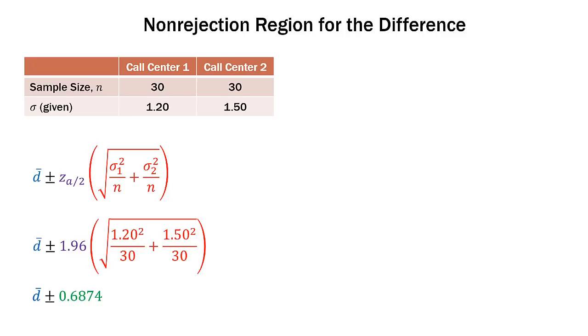Those are the z-scores in the z-distribution for a confidence interval. It's 95%, which is the same thing as an alpha of 0.05. For the standard error calculation, we just substitute the numbers we have at the top into the formula down towards the bottom. When we do all that math out, we have an interval estimate that is d bar plus or minus 0.6874 minutes. Because remember, our estimate here is in minutes.